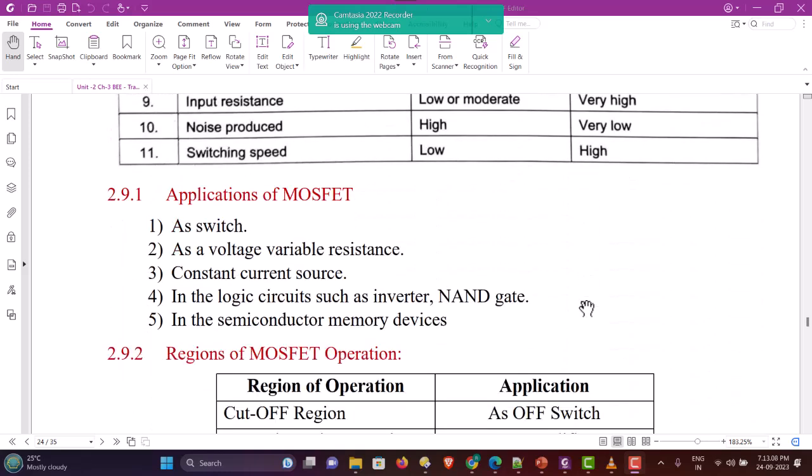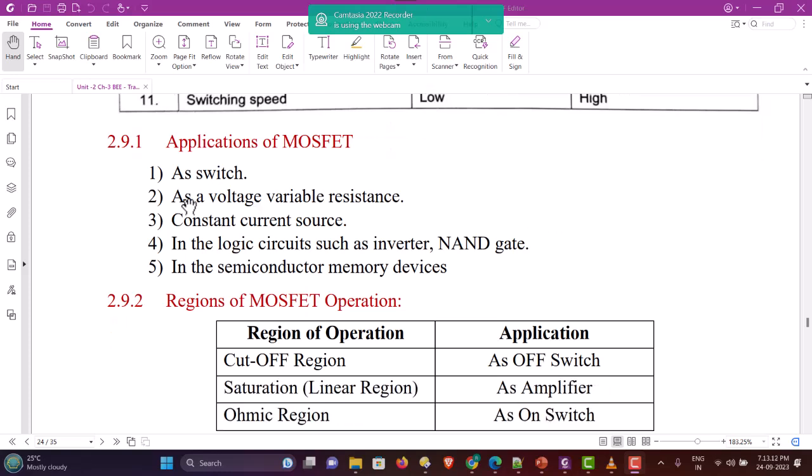The applications of MOSFETs. We will see MOSFET can be used as a switch like BJT. MOSFET particularly can be used as a voltage variable resistance. MOSFET can be used as a constant current source like BJT.